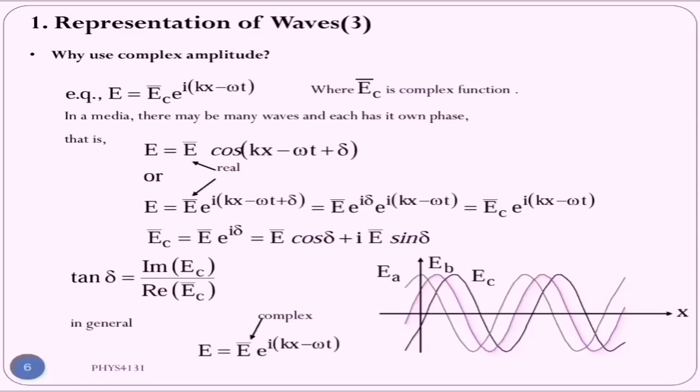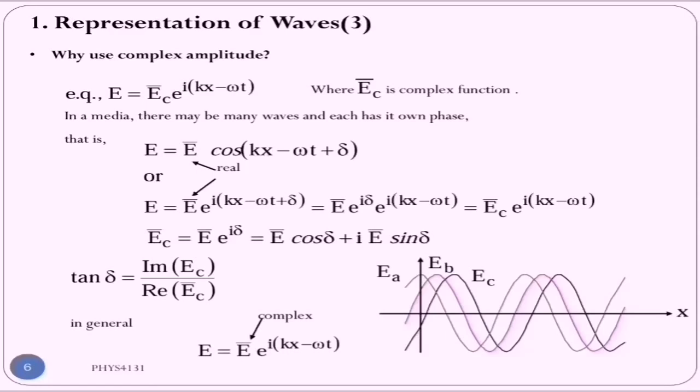So we have E equal to E cos of (kx minus omega t plus delta), or we can write it as an exponential function, E equal to e to the power i(kx minus omega t plus delta).